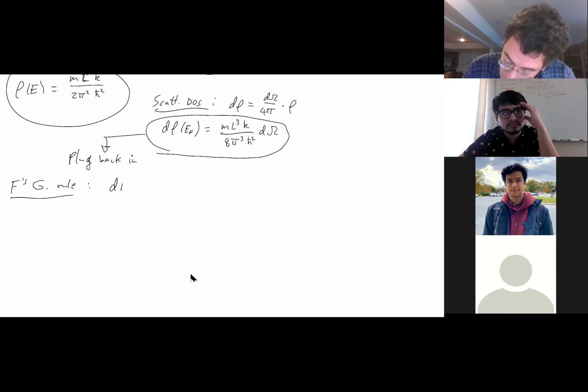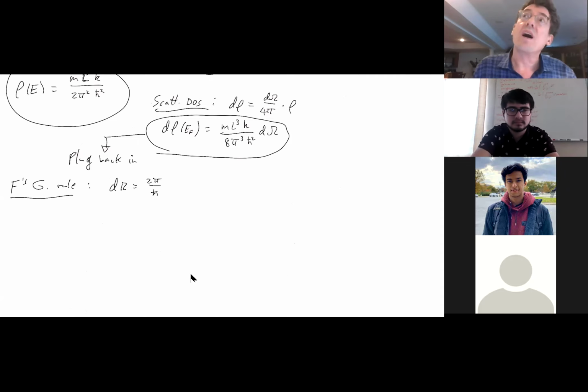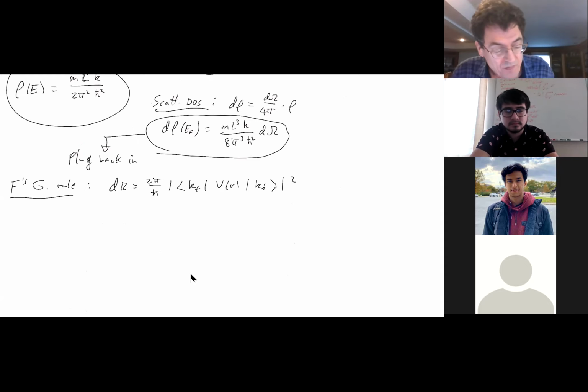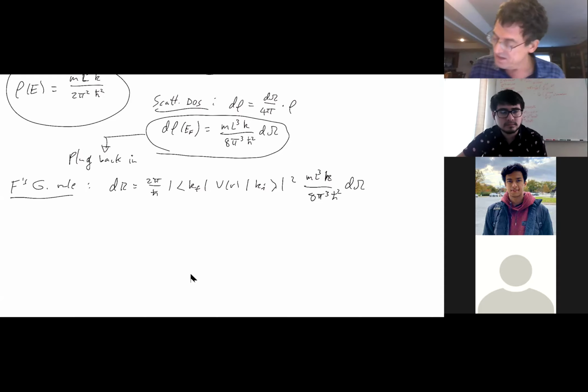So if we plug it back into Fermi's golden rule, we have dR is equal to 2 pi over h bar times this matrix element, k final V k initial. And now we'll plug in that density of states. So we're going to have m L cubed k over 8 pi cubed h bar squared d omega.